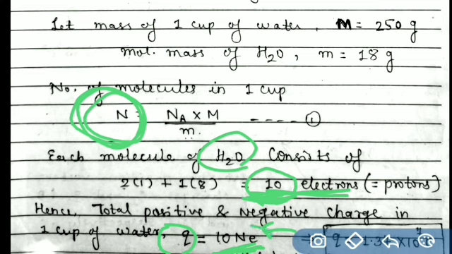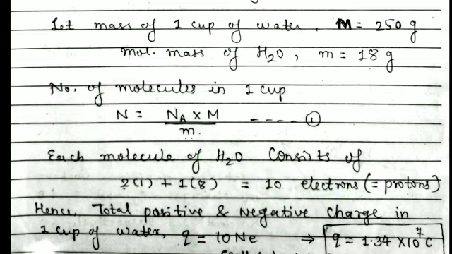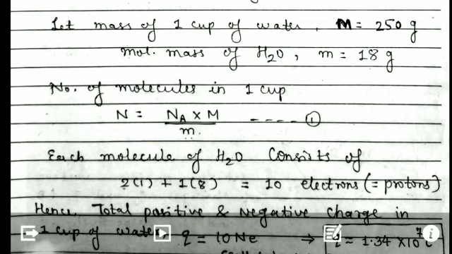And what is e here? e is a fundamental unit of charge and its value is 1.6 into 10 raised to minus 19 coulomb. So now if we put all these values and calculate, we'll get the answer. Q is equal to 1.34 into 10 raised to 7 coulomb.